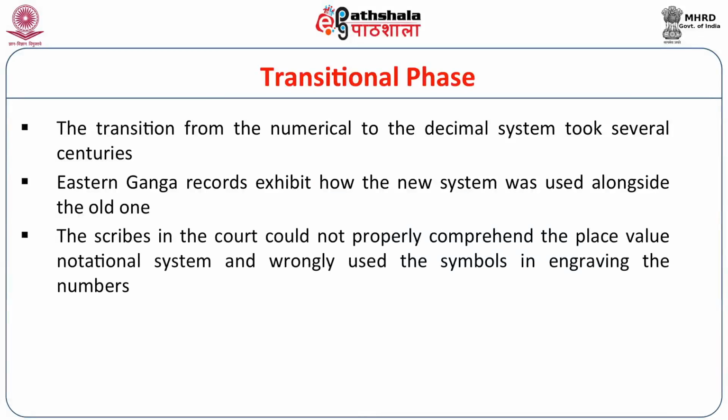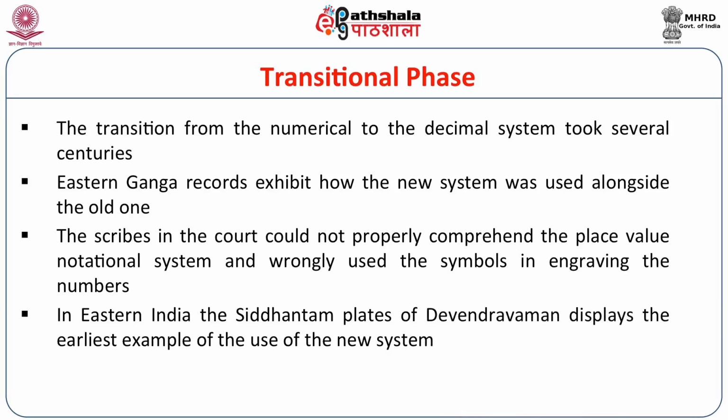The scribes in the court could not properly comprehend the place value notational system and wrongly used the symbols in engraving the numbers. In Eastern India, the Siddhantam plates of Devendravarman display the earliest example of the use of the new system.